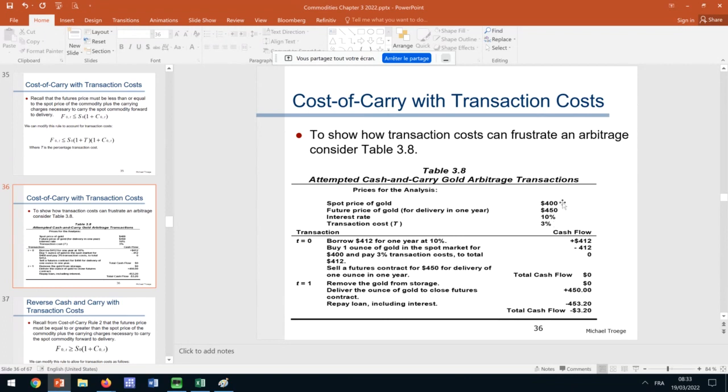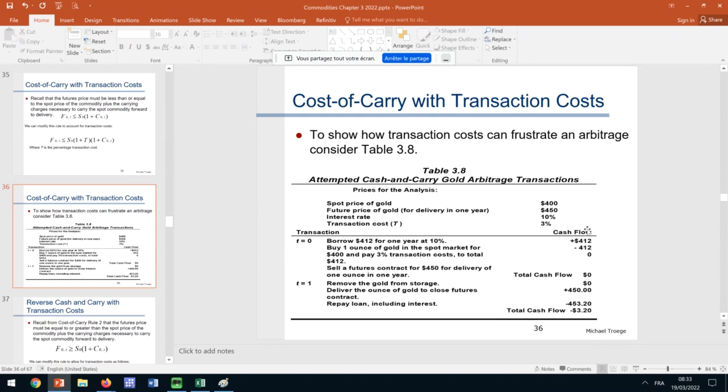You can see that the increase is more than 10%, the interest rate is 10%. But you can also see that the increase is less than 13%, and therefore probably the cash and carry strategy, including transaction costs, will not be profitable. That's what we will see here.